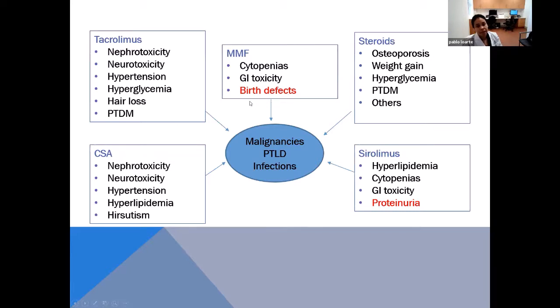But if they were to have an accident and they get pregnant, then we have to discontinue the mycophenolate and we'll start them on Imuran. So if you have a transplant patient that gets pregnant, you should immediately discontinue the mycophenolate and then just let the transplant nephrologist know of that so that they can adjust the immunosuppression regimen.